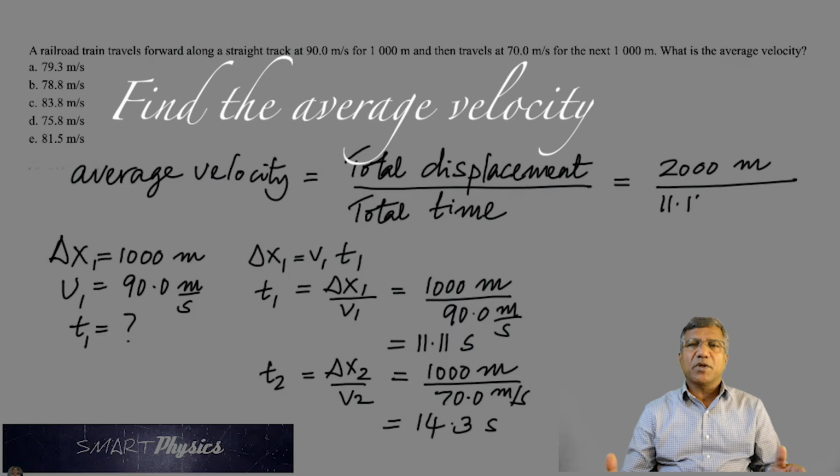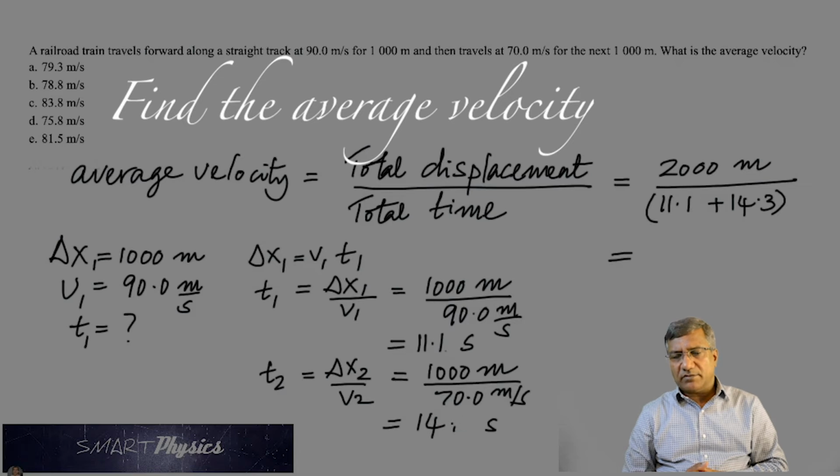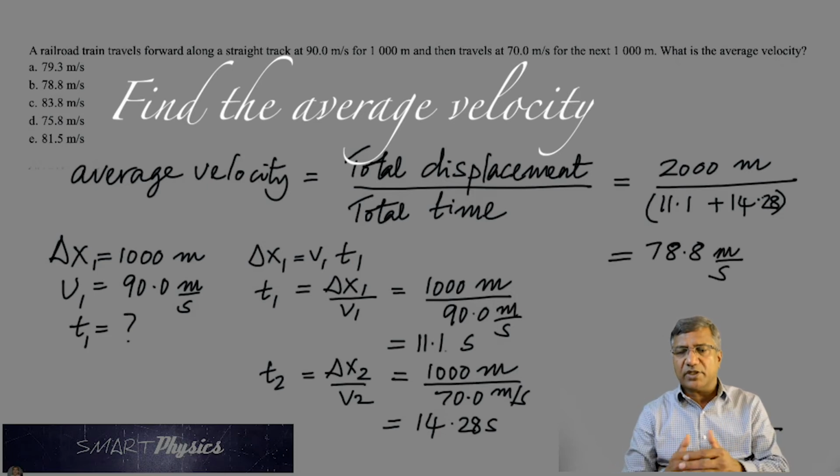We have the total displacement as 2000. We have the total time. And okay, I'm looking at significant figures and all that and changed it. Finally you get the answer as 78.8 meter per second. So average velocity is total displacement divided by total time.